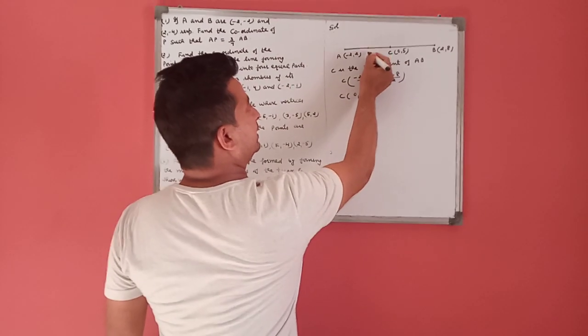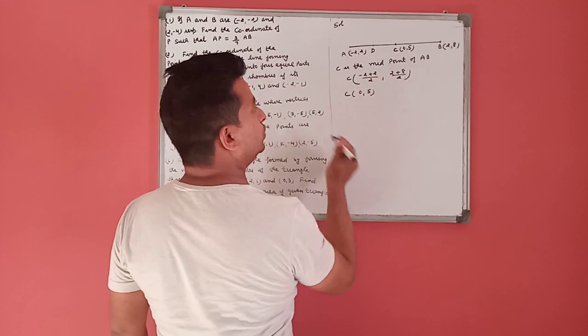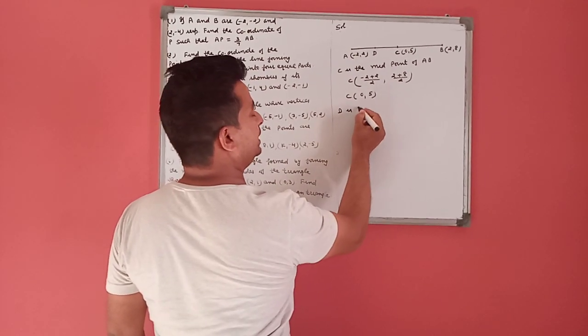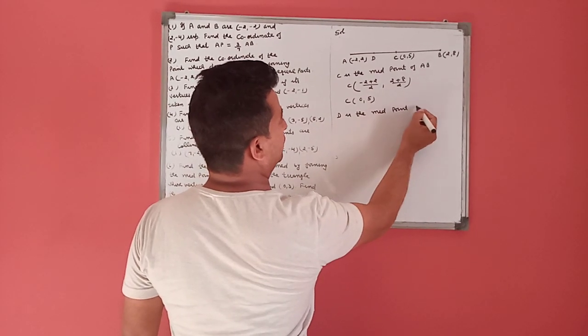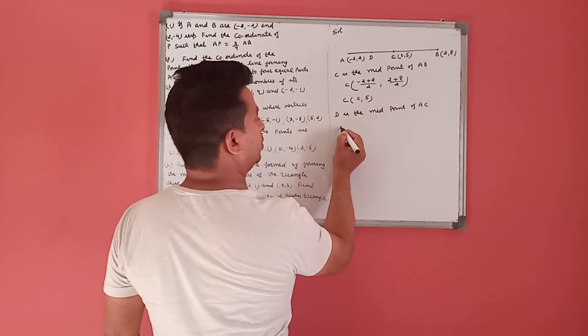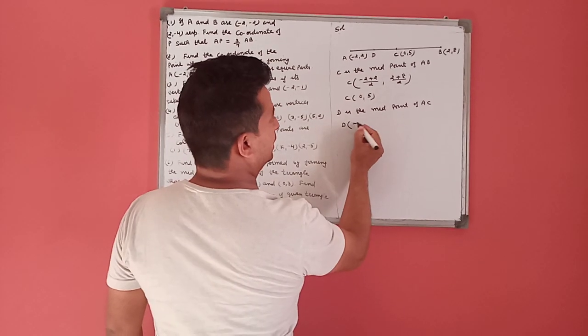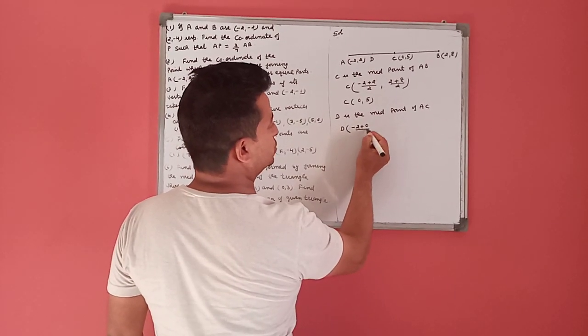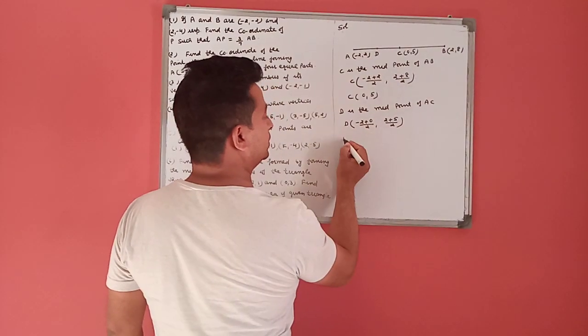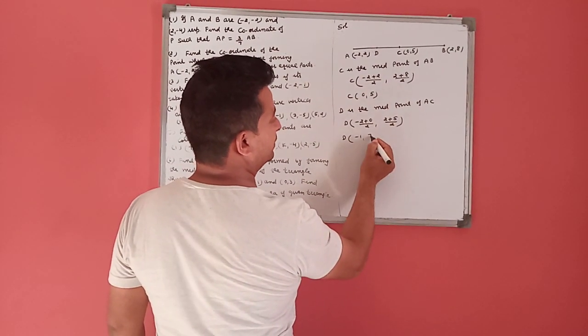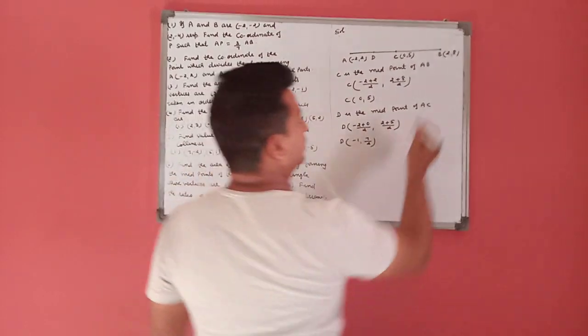Again we divide AC into 2 equal parts. For this, D is the midpoint of AC. Then the coordinates of D are (x1 plus x2) upon 2, (y1 plus y2) upon 2. This means -1 and 7 by 2.